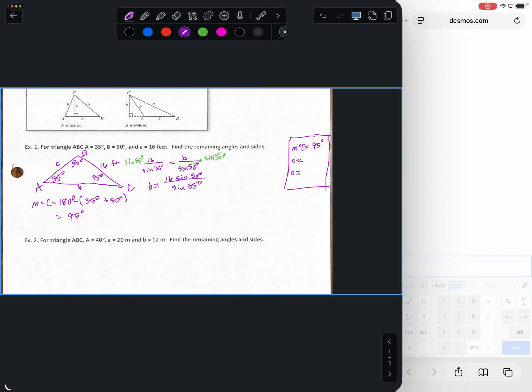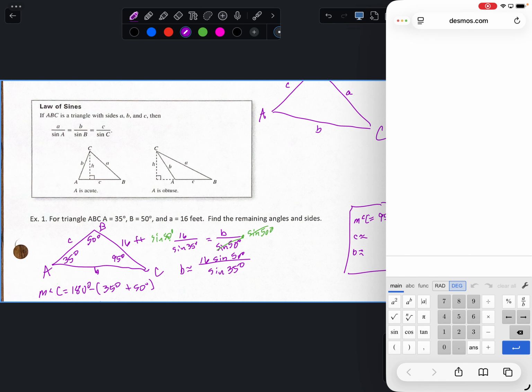So take out your calculator, and we're just going to do 16 sine of 50, and divide that by sine of 35. But make sure that your calculator is in degrees.